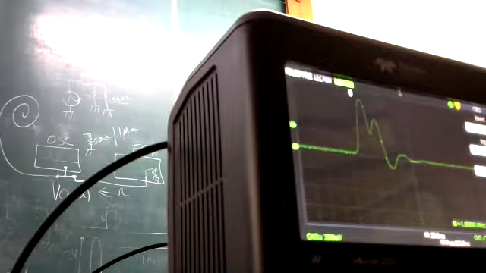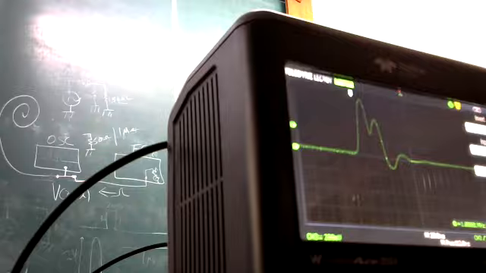Let me zoom a little bit more so that we can see these things clearly. Can we explain this wave train? Maybe I should make the cable a little longer so that it's... actually, I have an idea.